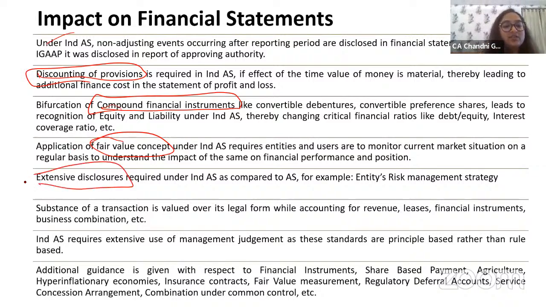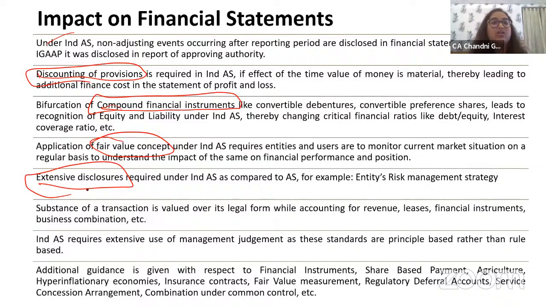Then extensive disclosures. As sir has also explained, in the Ind AS regime, disclosures have become so important that earlier AS financial statements were maybe 30-40 pages, but Ind AS financials will be maybe 100 pages. Why? Because of the disclosures. Right, there are two standards dedicated only to disclosures.